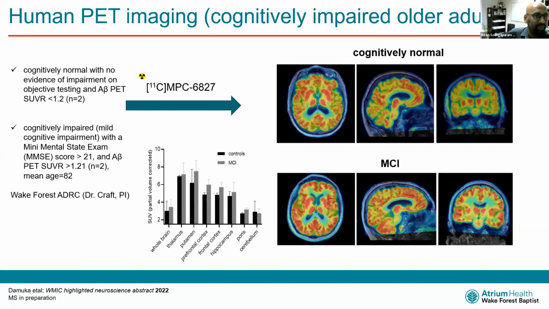This was our criteria, and we selected 2 from each category to see whether, as proof of concept, it works in those subjects as well. As you can see, when compared to cognitively normal, both the MCI subjects had a higher uptake. Not just in whole brain, we have seen that parts of putamen, prefrontal cortex, frontal cortex and hippocampus showed more uptake when compared to cognitively normal.